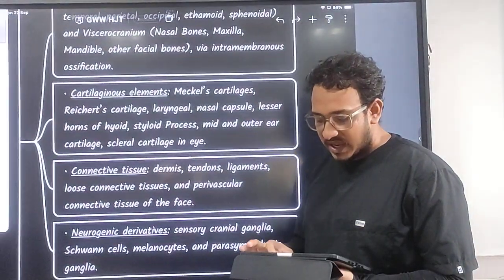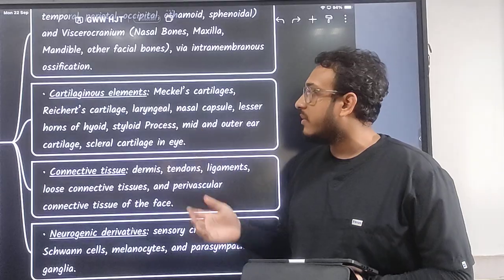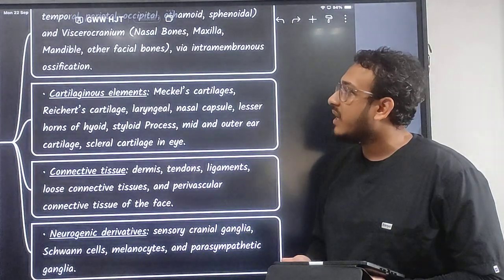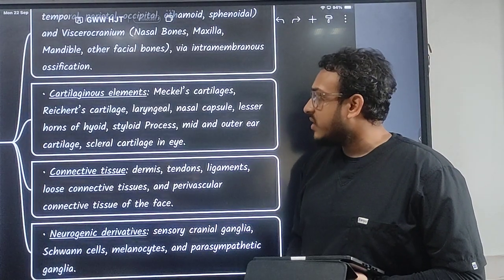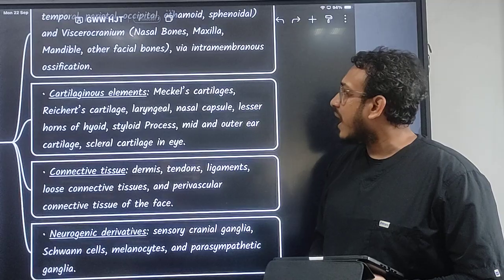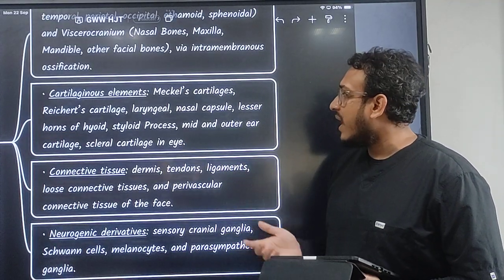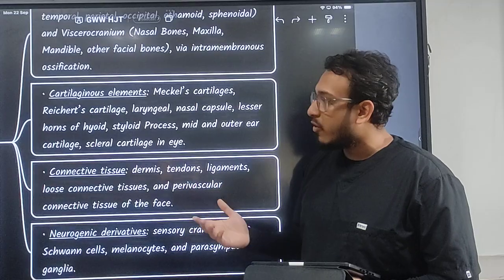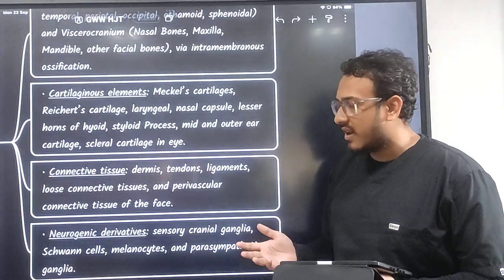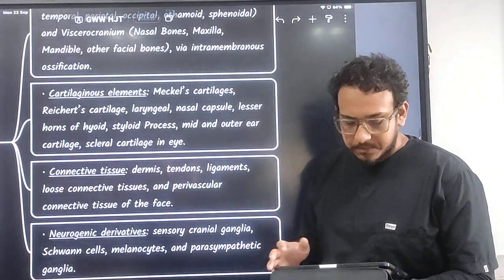The cartilaginous elements that will be formed are Meckel's cartilage, Reichert's cartilage, laryngeal cartilage, nasal capsule, lesser horns of the hyoid, styloid process, mid and outer ear cartilage, and the scleral cartilage of the eye.